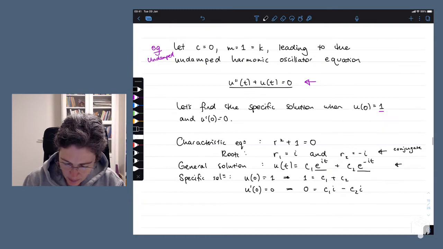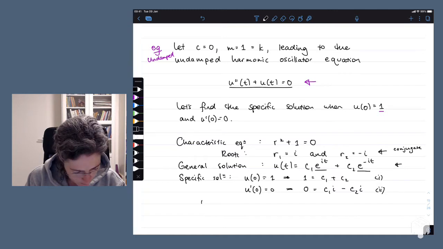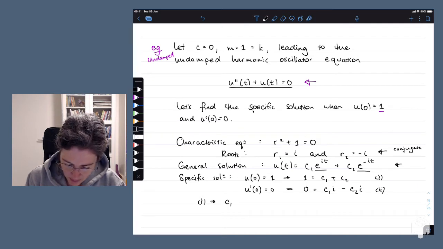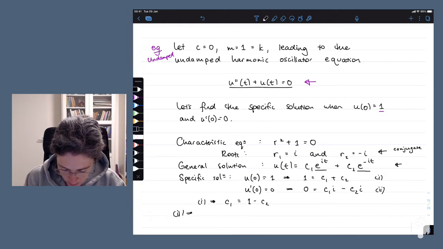And you can plug those, so let's call those 1 and 2, and so equation 1 will tell us, and you solve these however you prefer doing it, c1 is equal to 1 minus c2, which I'm going to plug into equation 2, and that's going to give me that 0 is equal to i times 1 minus c2, minus c2.